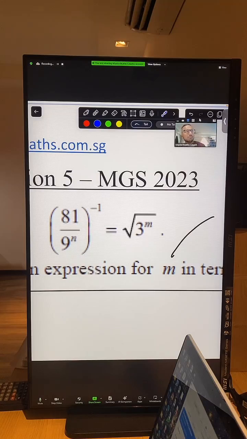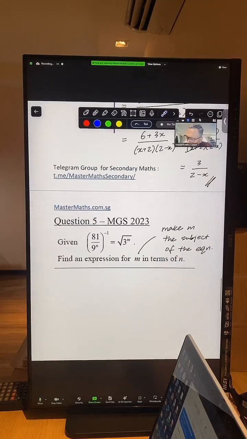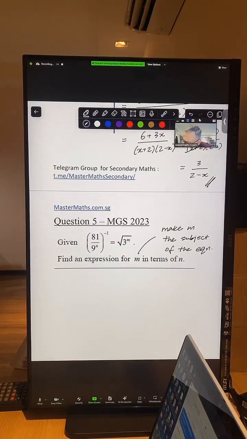Because 9 is 3 to the power 2. 81 is 9 to the power 2. So 9 to the power 2 is actually 3 to the power 4. So if I take 3 times 3, I get 9. 9 times 3, 27. 27 times 3, 81. So 81 is 3 to the power 4. Okay, so with all that in mind, let's attempt to solve this question.